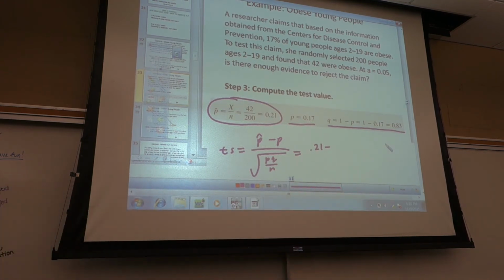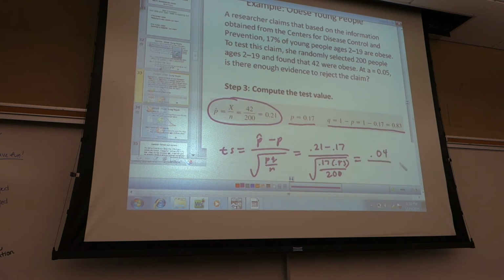Minus my P naught, or my p, 0.17, divided by the square root of pq, 0.17 times 0.83, over n, 200 people. My top part is pretty easy. That's going to be 0.04.